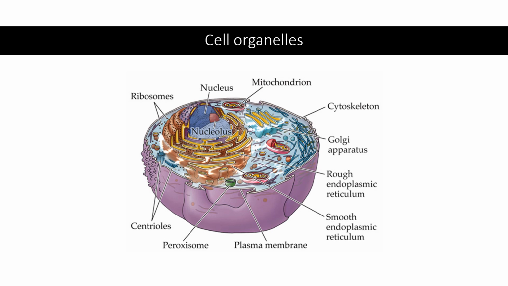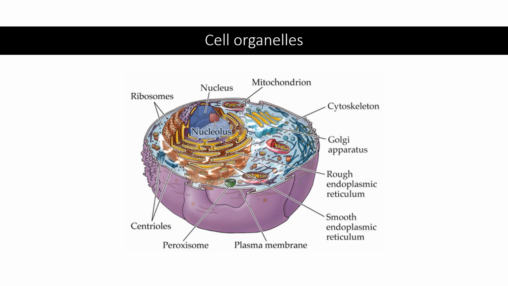Now we are going to be studying some of them in detail soon, but I would like to discuss that the plasma membrane is the membrane of the cell. It is the material in which the cell is encapsulated, and the plasma membrane has a bilipid layer. Now in plants, they have a cell membrane or a plasma membrane, but in addition to that, they also have a cell wall, which is made up of cellulose.